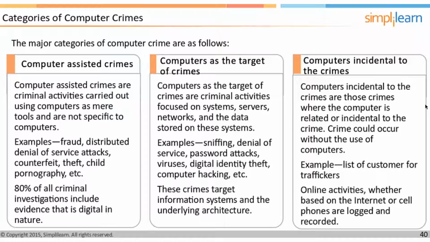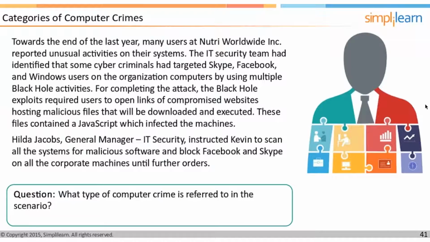The example given here is a list of customers for traffickers. If that list is in the computer, that doesn't mean the drug traffickers wouldn't have carried out their dirty job. They would have done it in any case. It just so happened that the list was in the computer. So make note: computer-assisted crime, computer as the target, and computer incidental to the crime.